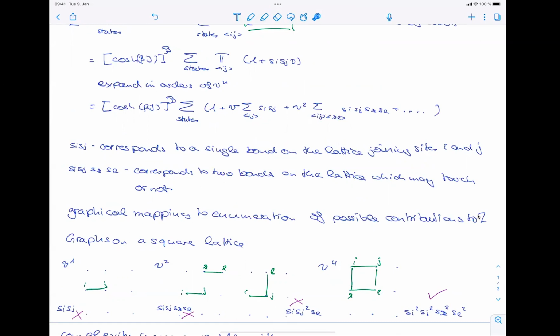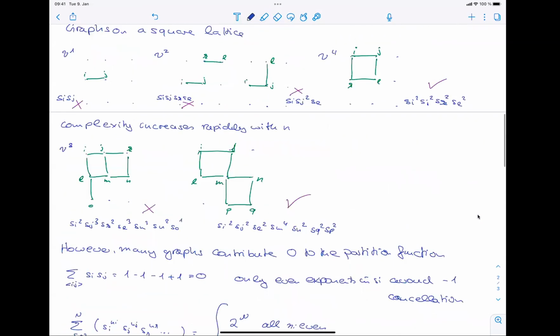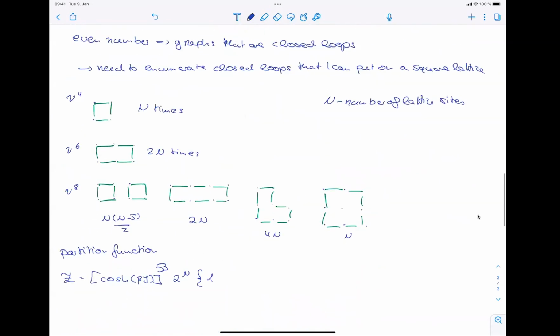Obviously, this one is 0 and this one is 0. We're looking at the v to the 4 and so on. We found that we have these different configurations n times. So we get plus n v to the 4. And then v to the 6, we have 2n times these closed loops, v to the 6. And then for v to the 8, it becomes more, I need to sum over all these different states.